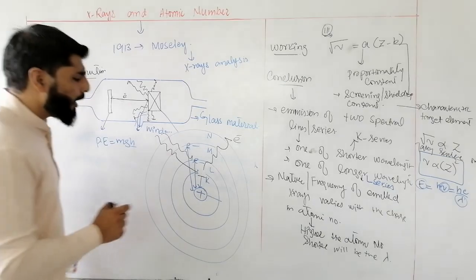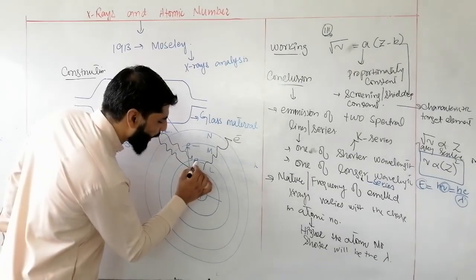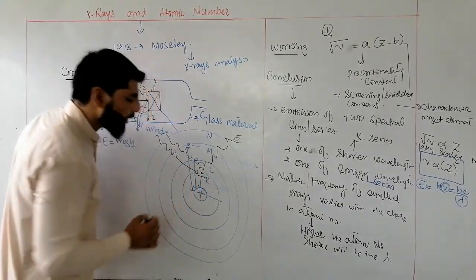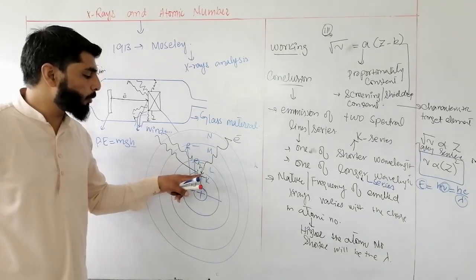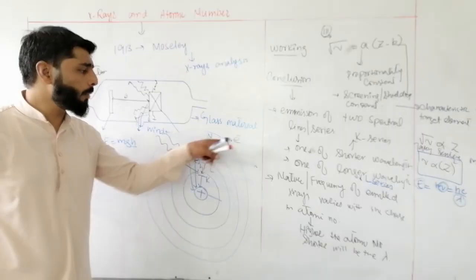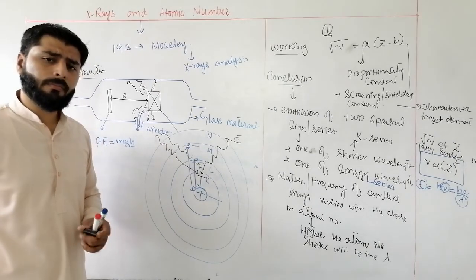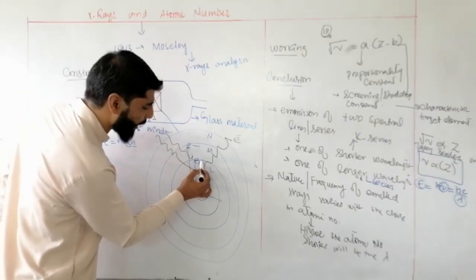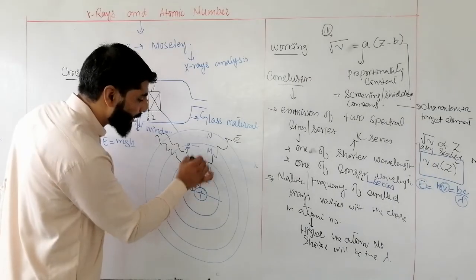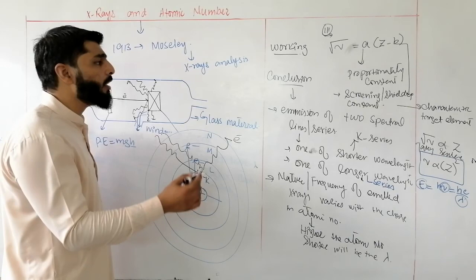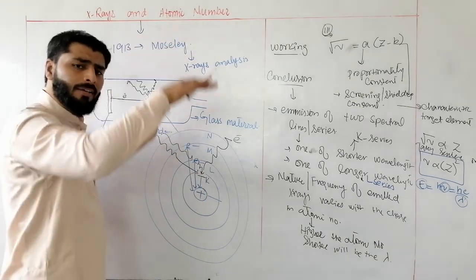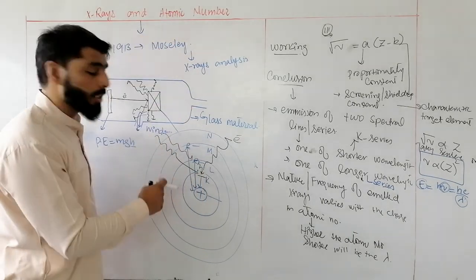As a result, an electron from the L shell will jump and adjust itself to the position of the electron being knocked out. When an electron jumps from the L shell to the K shell, there will be an emission of energy. According to Bohr's atomic model, when an electron jumps from a higher level to a lower level, there will be emission of energy.